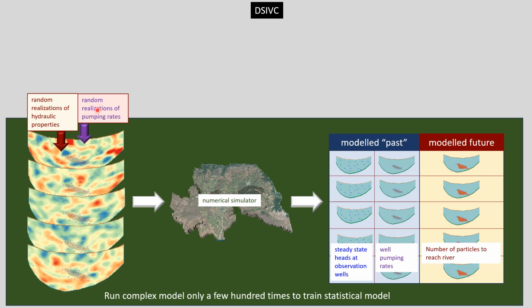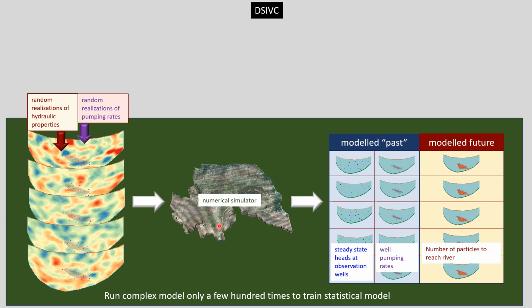They also include random realizations of pumping rates from the wells that comprise this containment system. So if we're going to do 500 runs of the complex model for the statistical model training process, we are taking random values of hydraulic properties, inflow rates and pumping rates from the individual wells which comprise the containment system.